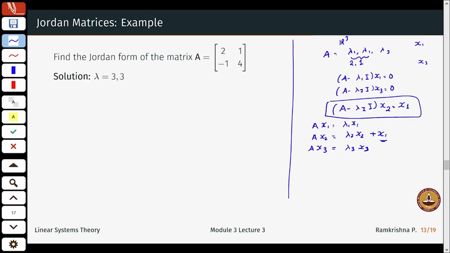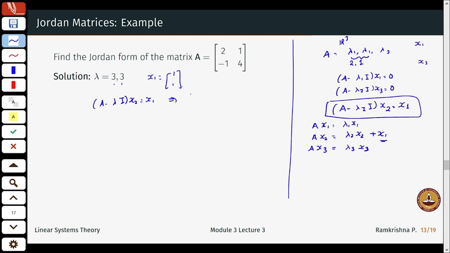Okay, I have a matrix A with eigenvalues 3 and 3. I just want to write down its Jordan form. So first, let me calculate the eigenvector. x1 would be 1 and 1, right? And then I do A minus lambda I times x2 should give me x1.